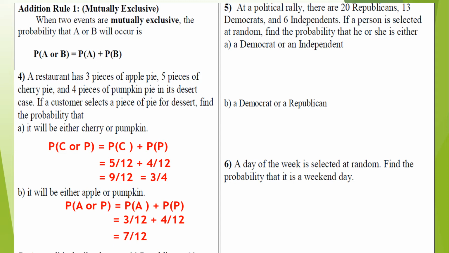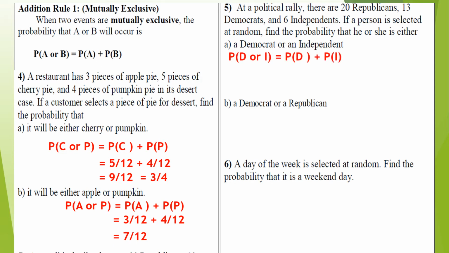Number 5. At a political rally, there are 20 Republicans, 13 Democrats, and 16 Independents. If a person is selected at random, find the probability that he or she is either a Democrat or an Independent.